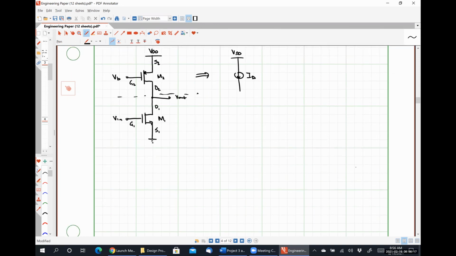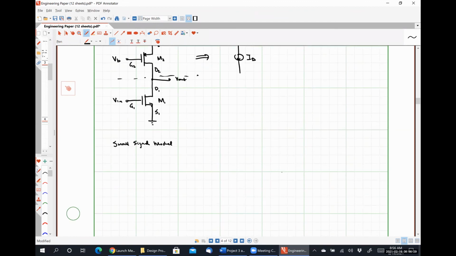So for our small signal model, we are going to be drawing a small signal model on this guy.